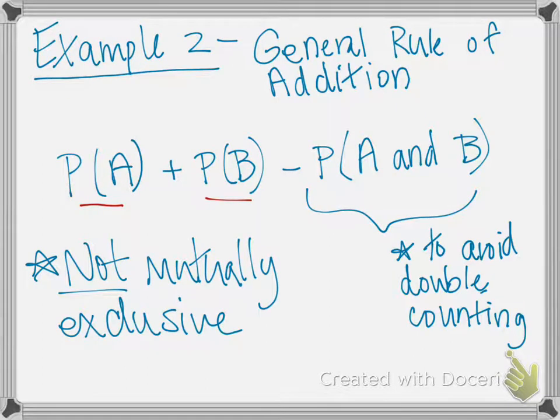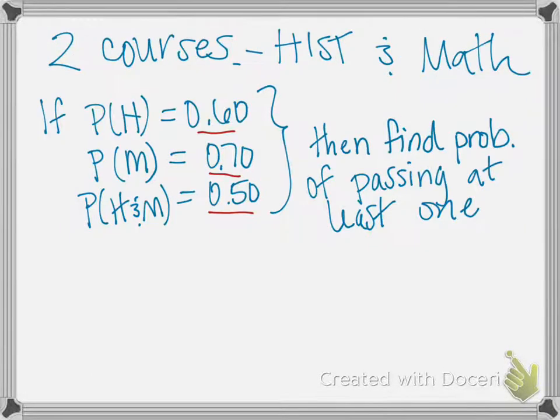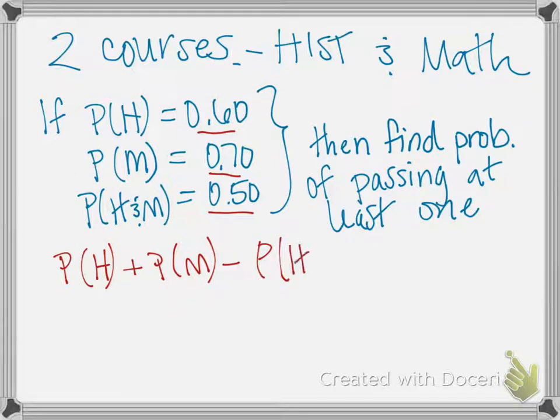And again, we will use this formula right here for the general rule of addition with probabilities. So I'm going to just rewrite it for the probabilities we have. So I'm going to add the probability that he passes history to the probability of passing math, and then I'm subtracting the probability that he passed both history and math.